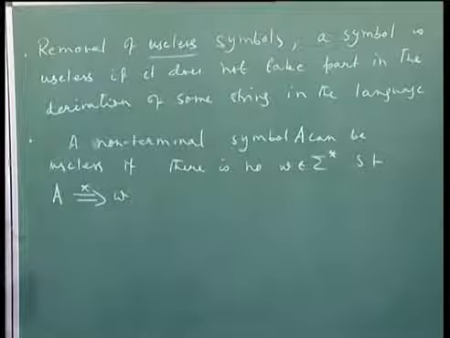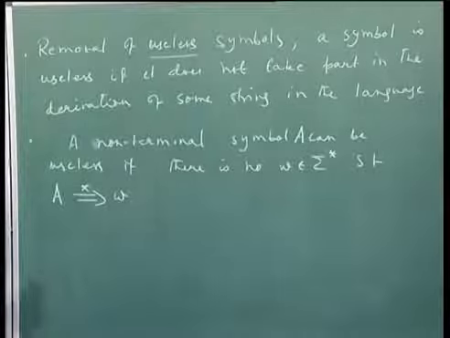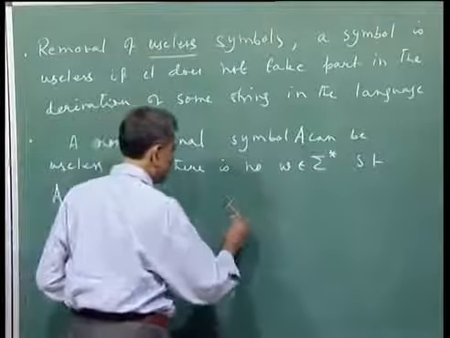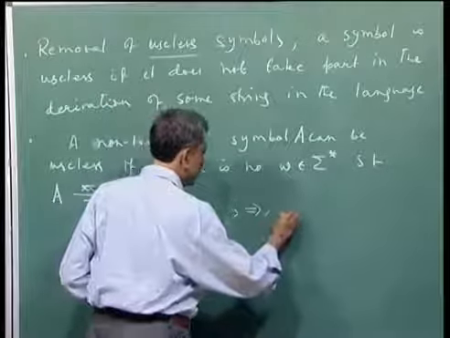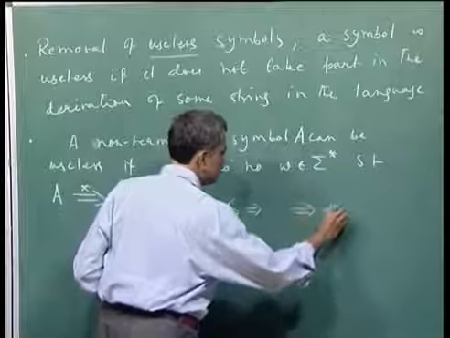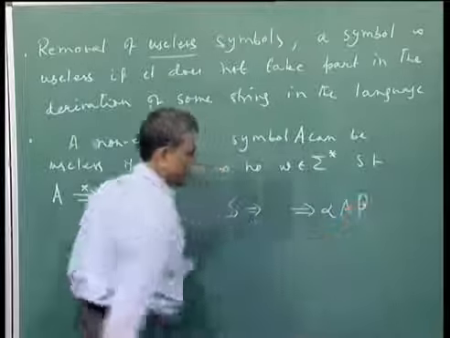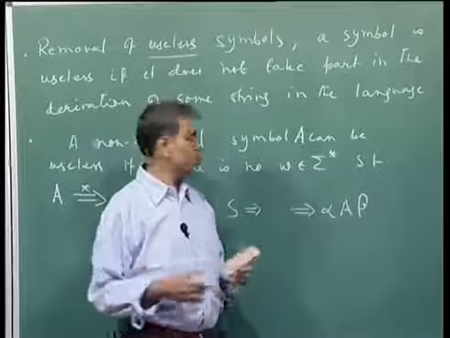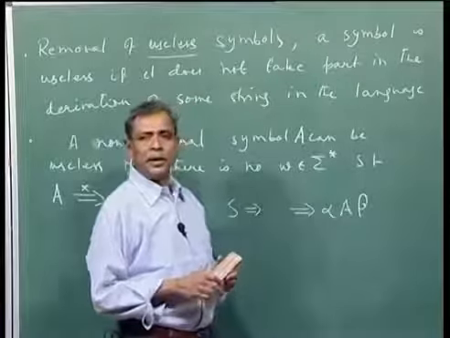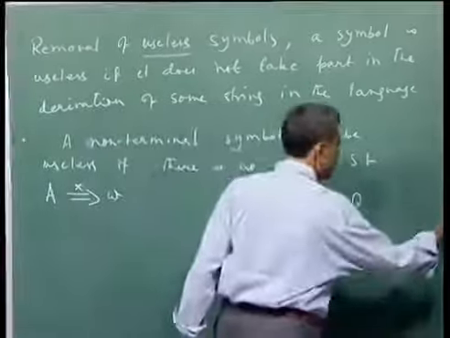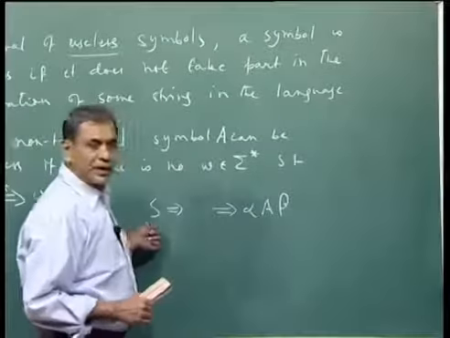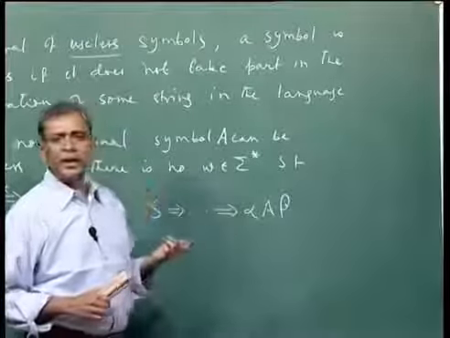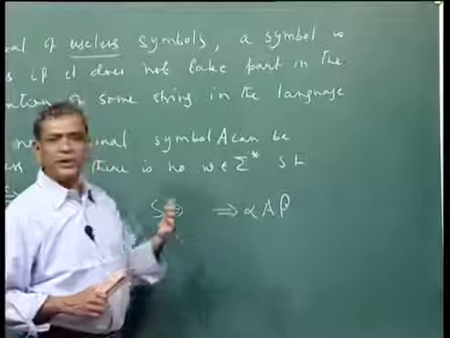So, why is such a non-terminal useless? Because suppose you start your generation as usual from the start symbol, and somewhere down the line you get this string alpha A beta. Alpha and beta are strings over V union sigma. Now, eventually to get a string of the language, this A needs to be rewritten into some string over the terminals.